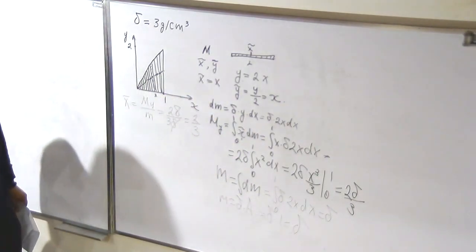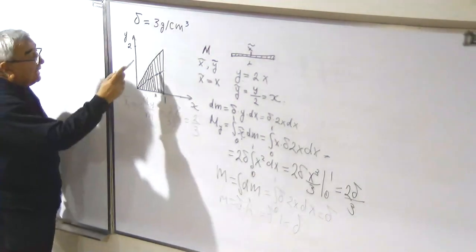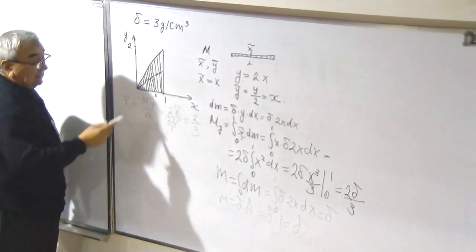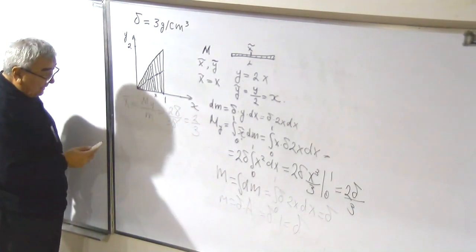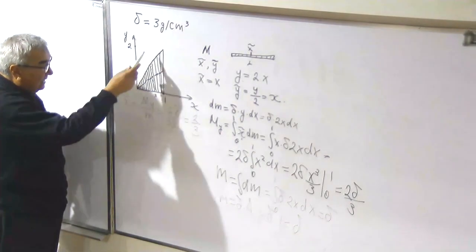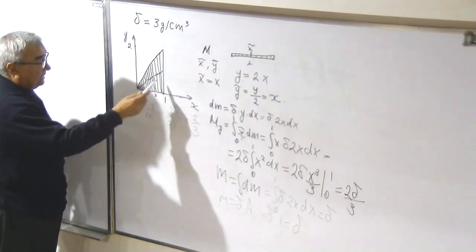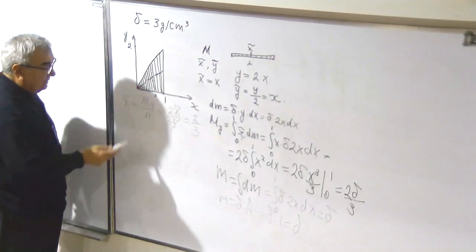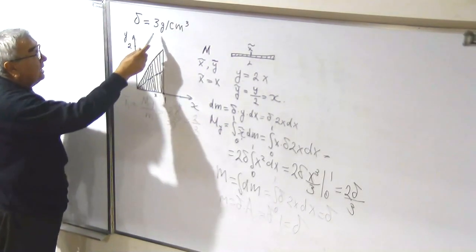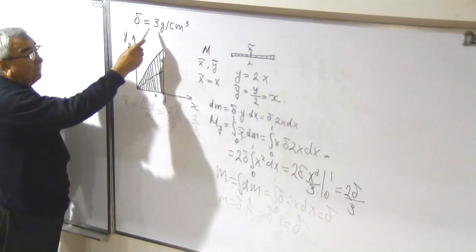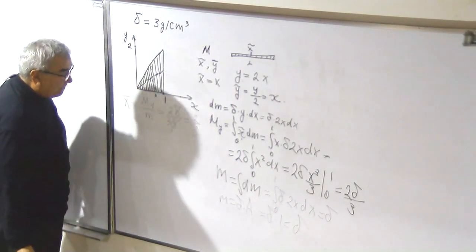That tells us that when the density is constant, the coordinates of the center of mass of such an object don't depend on the material from which this plate is constructed. You see, here maybe any delta instead of 3 grams per centimeter cube, maybe 5, 6, 7. The result will be completely the same.